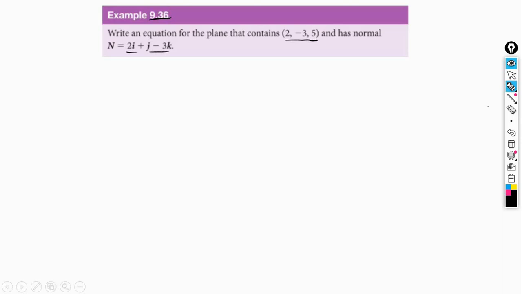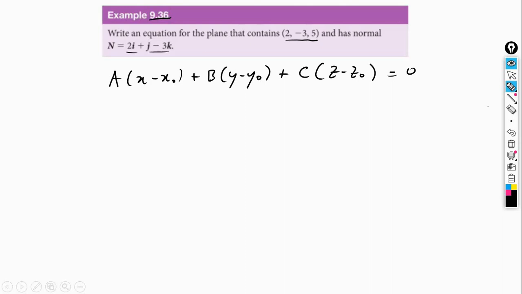So from the definition, we know that the form of the equation for the plane, at least the Cartesian form, is going to be a times x minus x sub 0 plus b times y minus y sub 0 plus c times z minus z sub 0, and this should equal 0. So all we have to do is plug in the values for these variables, right?